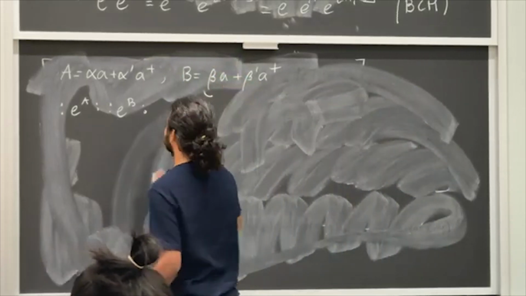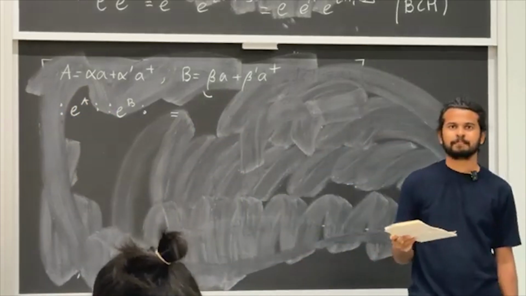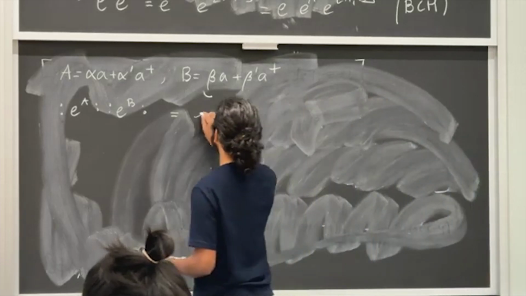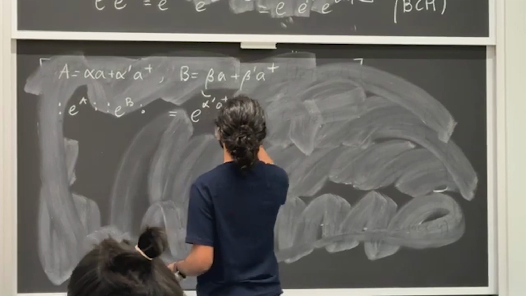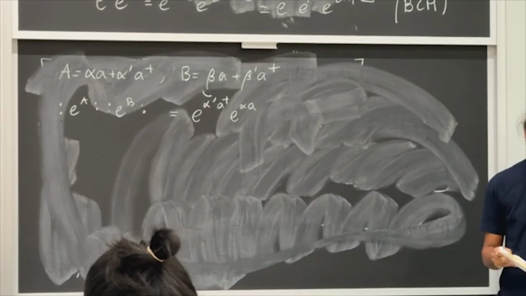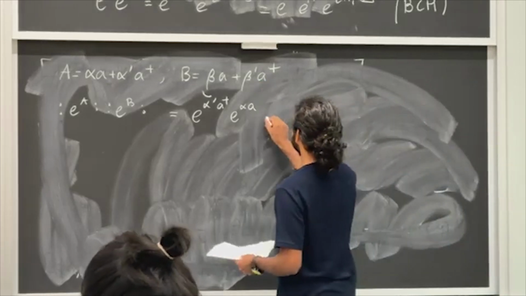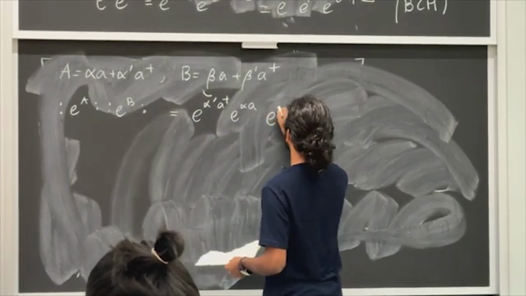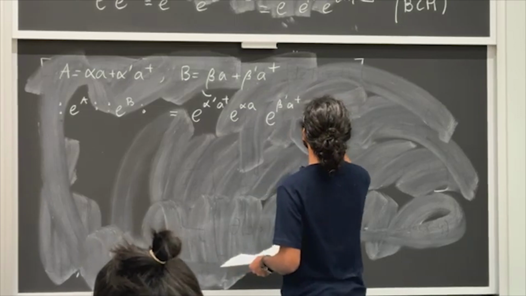But what's normal ordered e to the A? It's just e to the alpha prime A dagger e to the alpha A, all daggers to the left. Same here. So that's a normal ordering, and e to the beta prime A dagger e to the beta A.